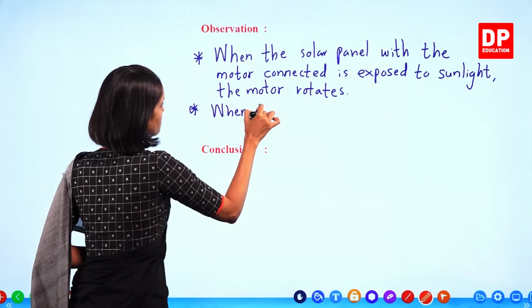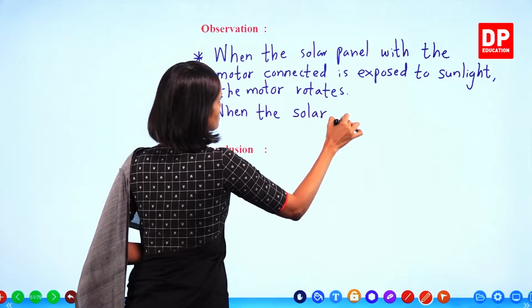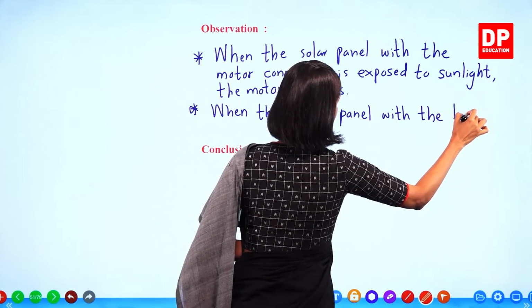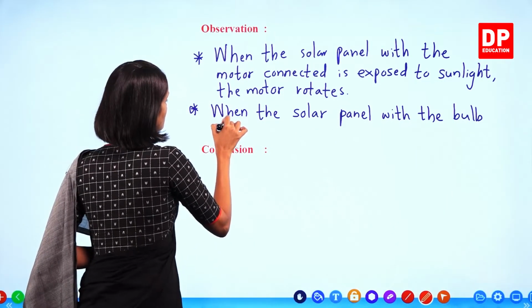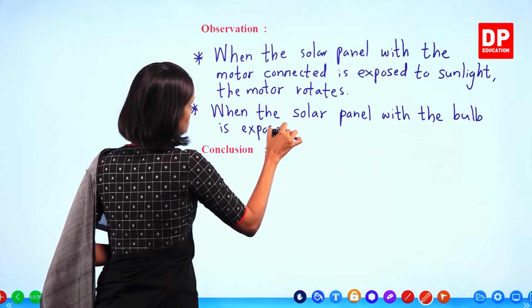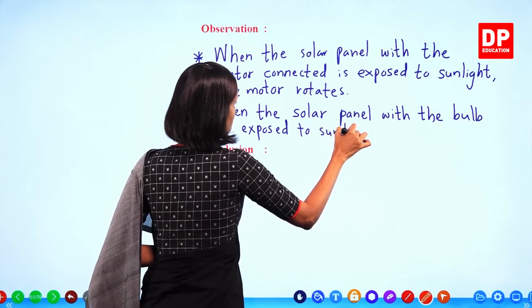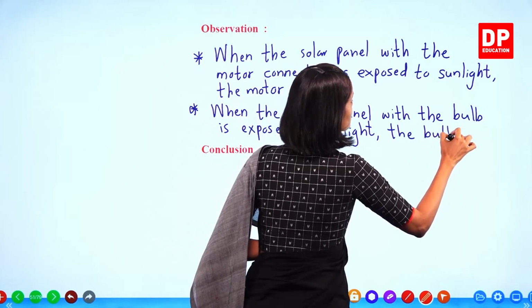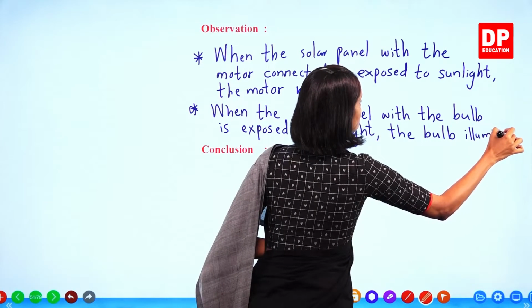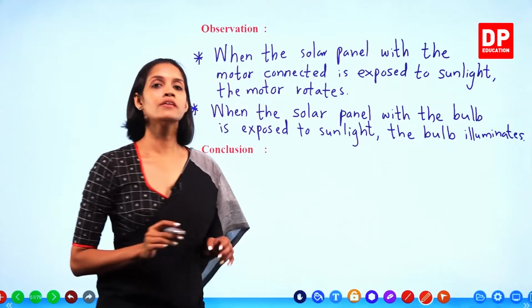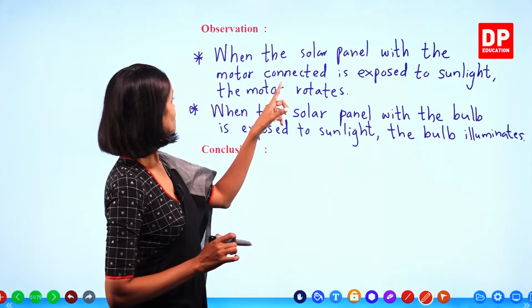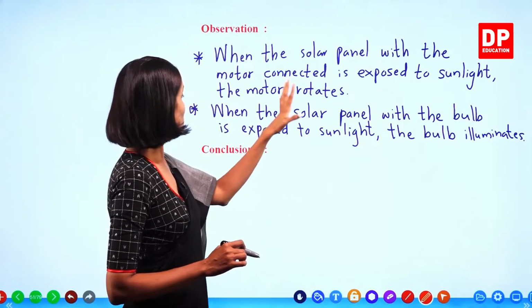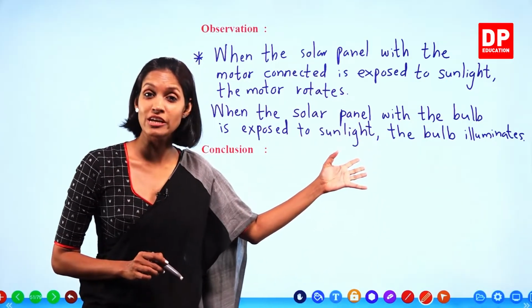When the solar panel with the bulb is exposed to sunlight, the bulb illuminates or lights up.